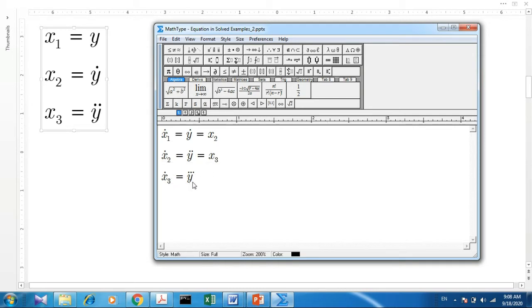x3 dot, which equals y triple dot, can be found from the original differential equation: minus 3 y double dot, minus 2 y dot, plus u.